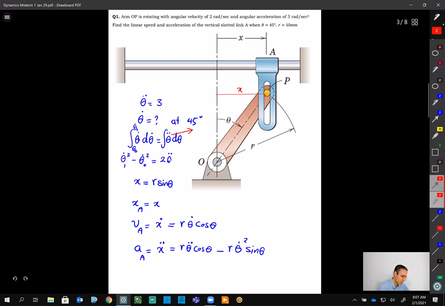It is equal to 3. And here, delta theta, because we are integrating from theta 0 to theta.